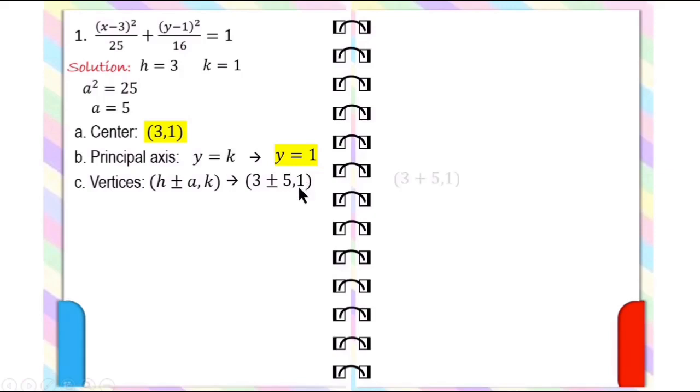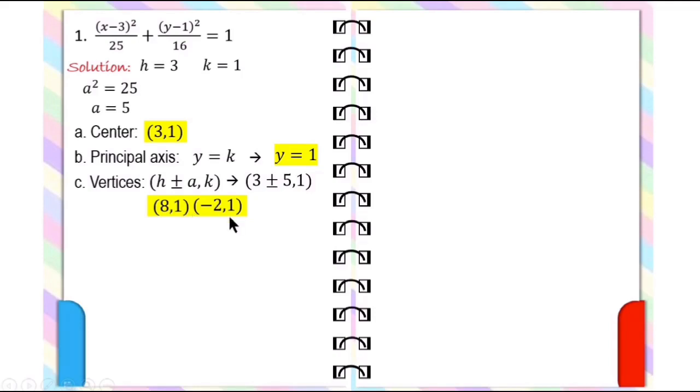Meaning, ang isa i-add at ang isa i-subtract. So 3 plus 5 is 8, copy 1. And 3 minus 5 is negative 2, then copy 1. So the vertices are (8, 1) and (negative 2, 1).